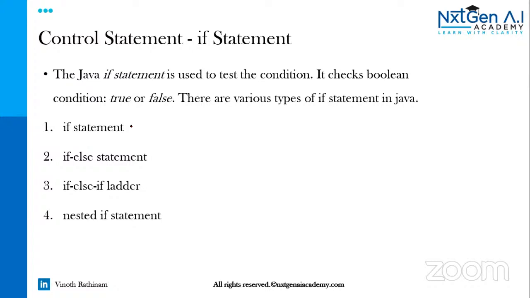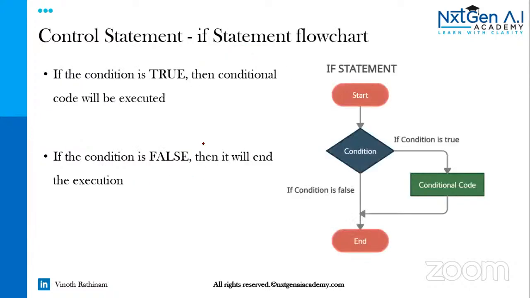So let's first focus on the if statement. The if statement is divided into 4 categories: if, if else, else if ladder, and nested if. Just now I gave one example, like you're going to a shop. If you're satisfied with that, you will buy.